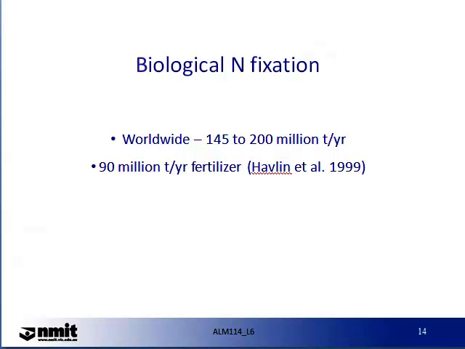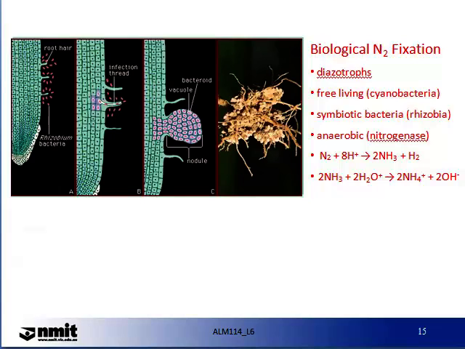These are very impressive numbers. Biological nitrogen-fixing bacteria are described as diazotrophs. They are bacteria and archaea that fix atmospheric nitrogen gas into a more usable form, such as ammonia. A diazotroph is an organism that is able to grow without external sources of fixed nitrogen.